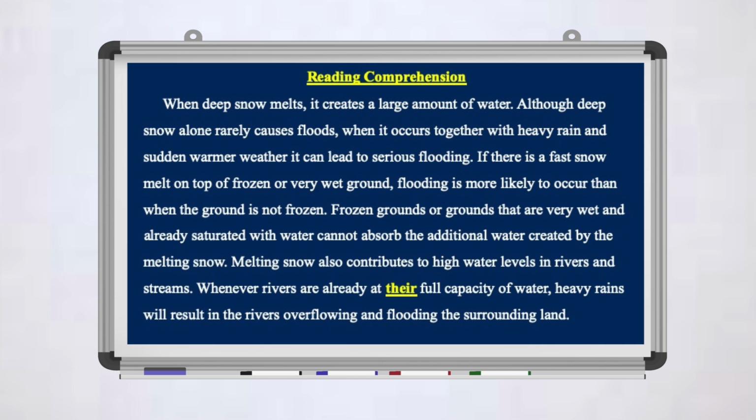Frozen ground or ground that is very wet and already saturated with water cannot absorb the additional water created by the melting snow. Melting snow also contributes to high water levels in rivers and streams. Whenever rivers are already at their full capacity of water, heavy rains will result in the rivers overflowing and flooding the surrounding land.